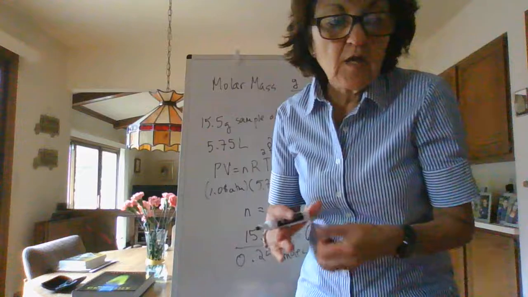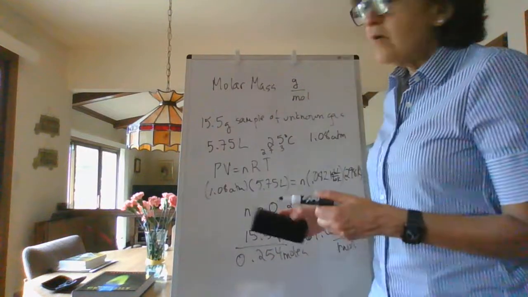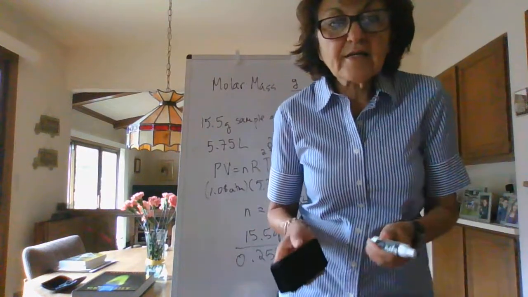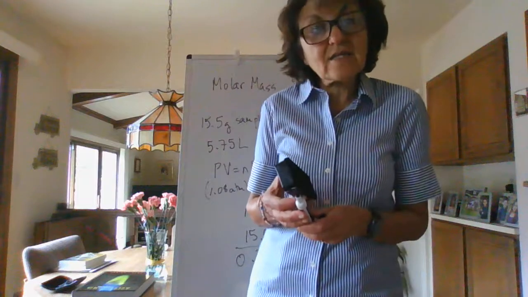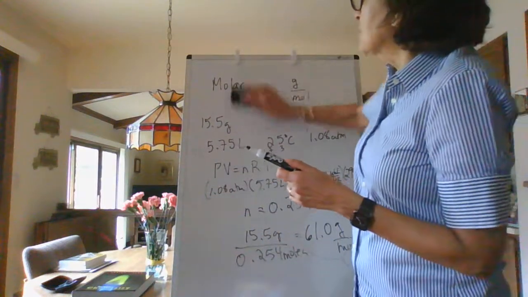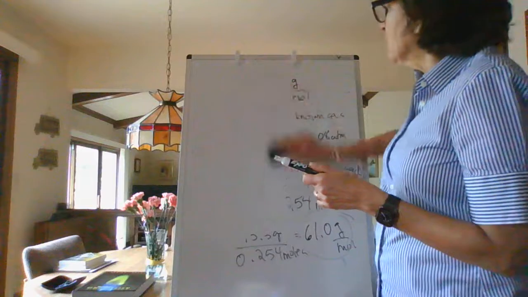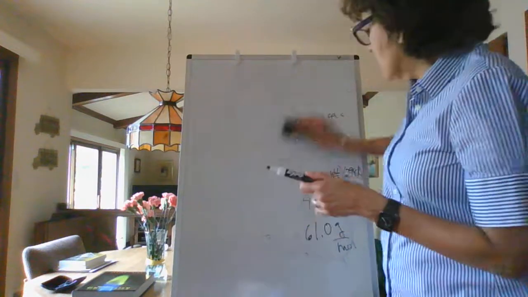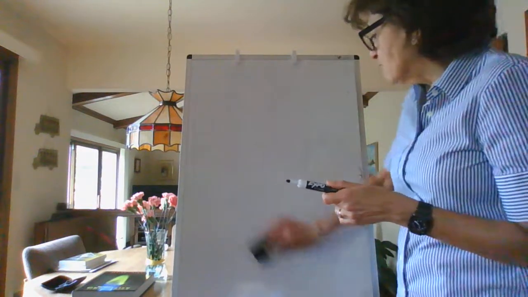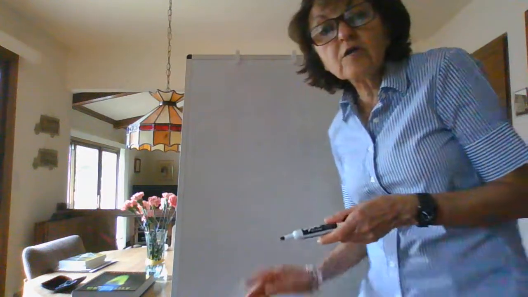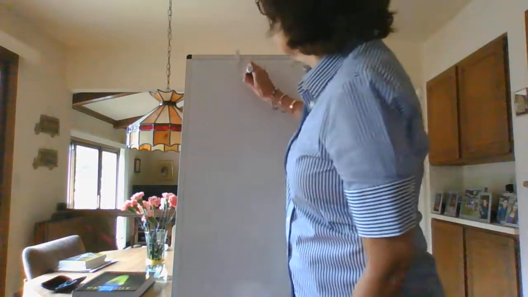Okay? Good. The other tweaking of the ideal gas law is to find density. So you can just use ideal gas law to find moles, and use that to find molar mass, or you can use the ideal gas law to find density.